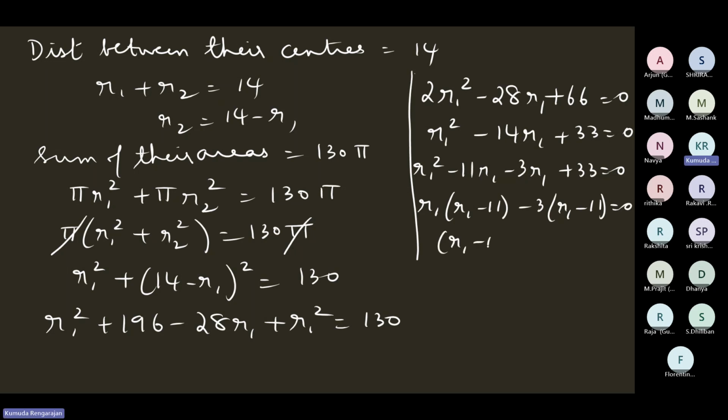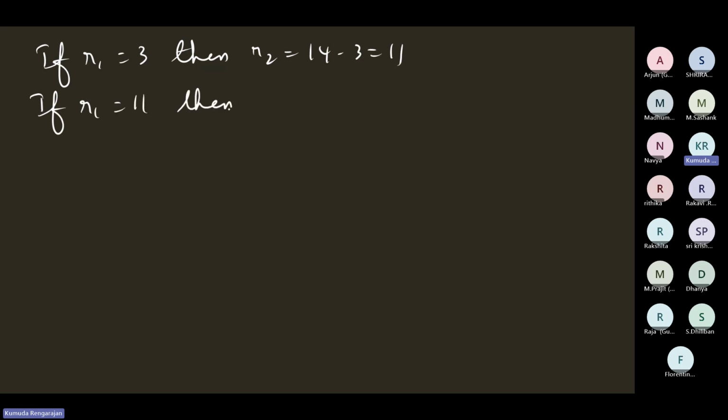So R1 minus 11 into R1 minus 3 is equal to 0, which makes R1 11 or R1 equal to 3. So now you can complete like this. If R1 is equal to 3, then R2 is equal to 14 minus 3, 11. If R1 is equal to 11, then R2 is equal to 14 minus 11, which is 3.